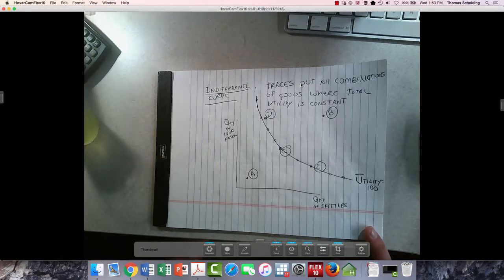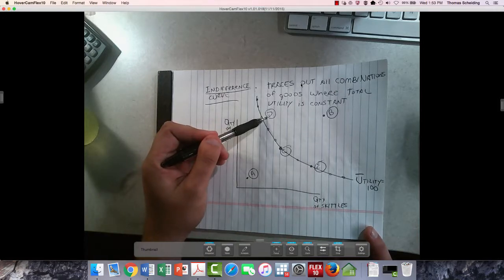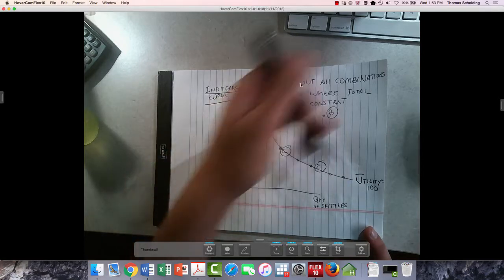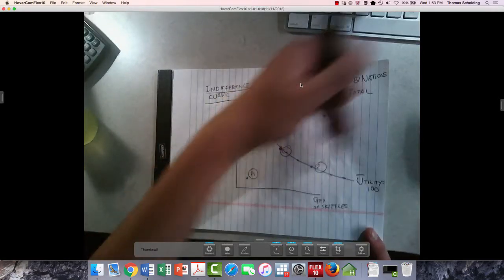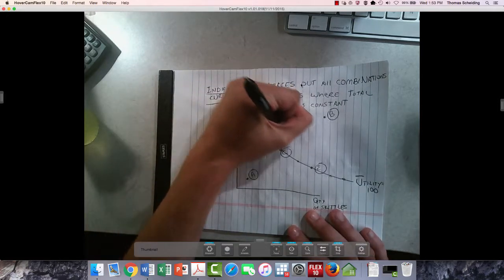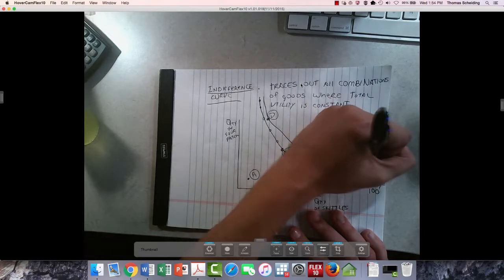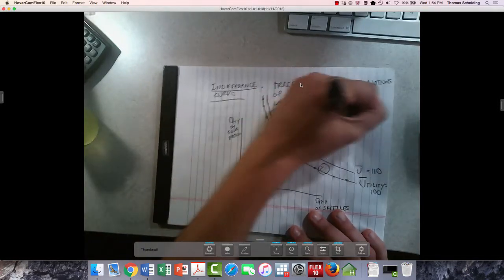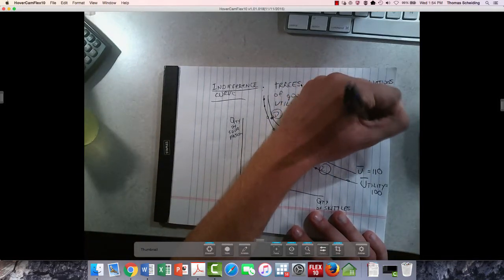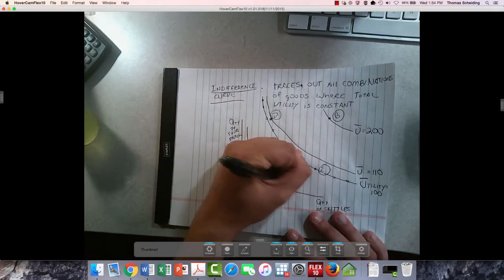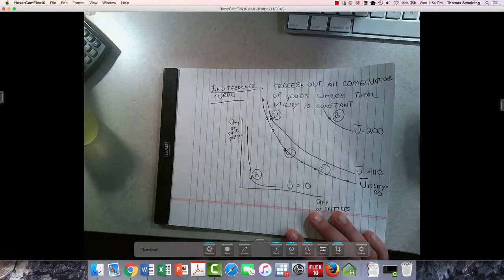Now, I can see that point D is a little bit to the right of this. This space is filled with a large number of indifference curves, meaning that there's another indifference curve exactly parallel to this one, where let's say the utility is equal to 110. There's another one right here, where utility is some bigger number, and some utility here, some smaller number.